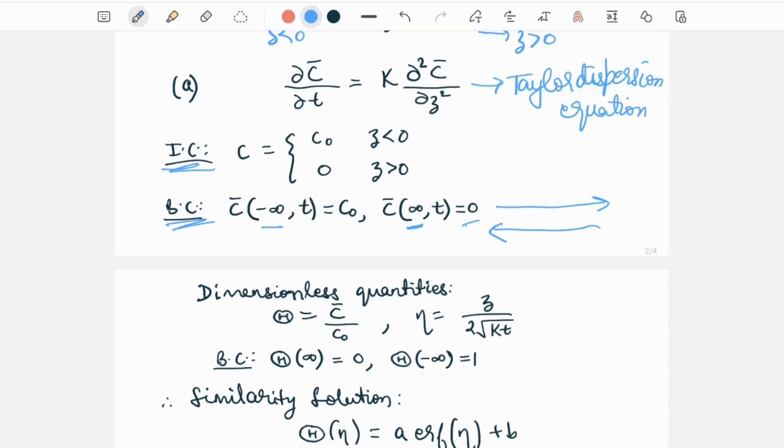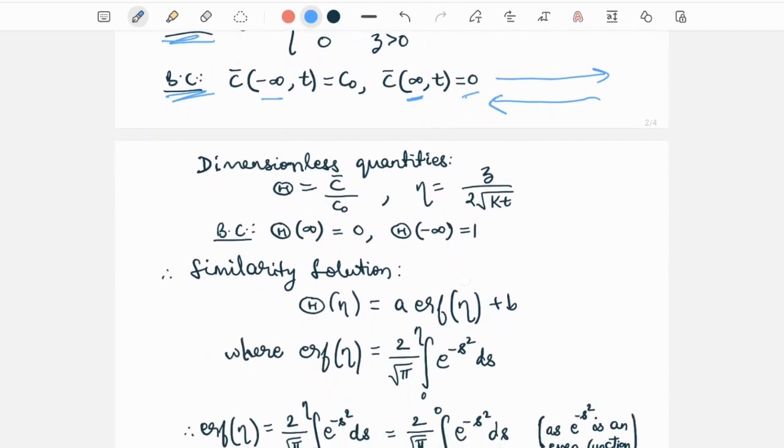Now we non-dimensionalize it. So we have our dimensionless quantities. I've taken theta to be the average concentration upon the initial C0. And then I have my similarity variable here, which is eta, which I've taken as z upon 2 root of Kt, which is a standard form.